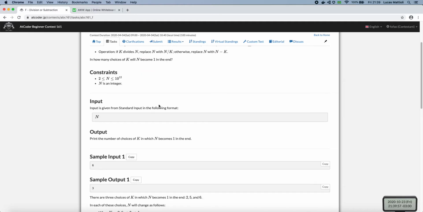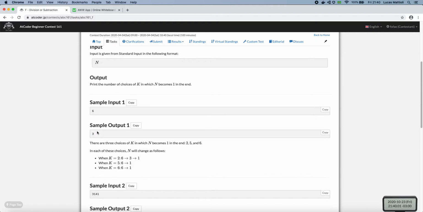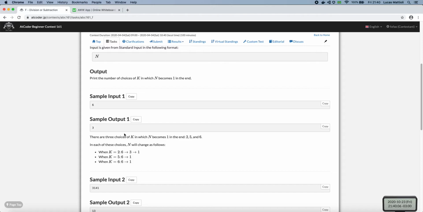So let's see some examples here. In this case we have 6 as the value n, and the answer is 3 because we have 3 possible choices of k, and the choices are k equals 2, k equals 5, and k equals 6.